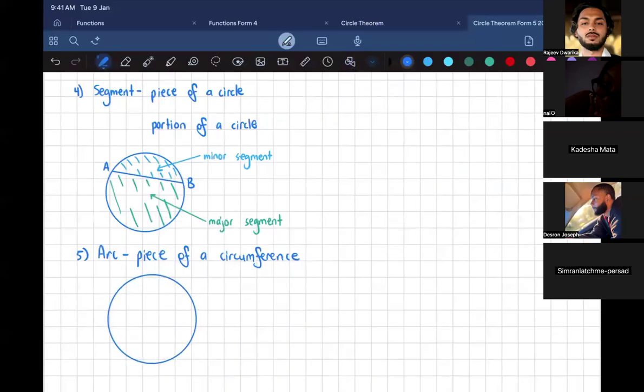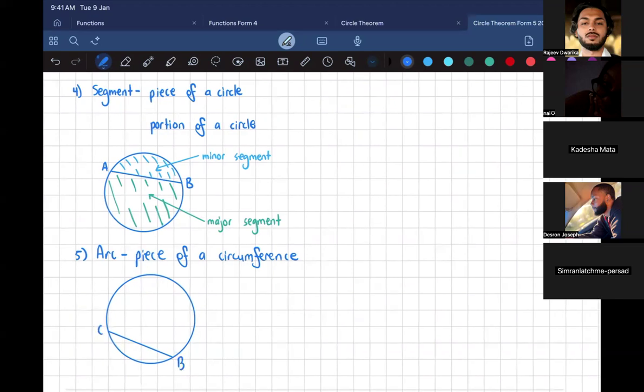So Simran, we're going to draw a chord. Let's draw a chord. I call the first one AB. We want to call this chord CD. CB, okay. Any particular reason why? No? Okay. All right. So CB, right?